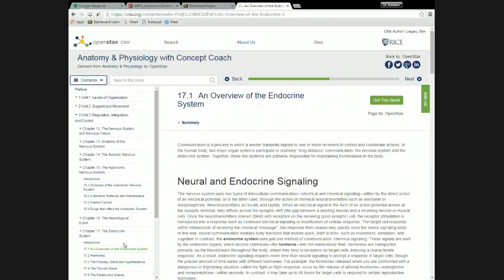This is the first semester I've had to deal with them numbering the chapters this way. The next chapter, 16 in the book, we are not doing this semester. It's something I do in AP1. And so we're going on to the next chapter, which is 17, the endocrine system.